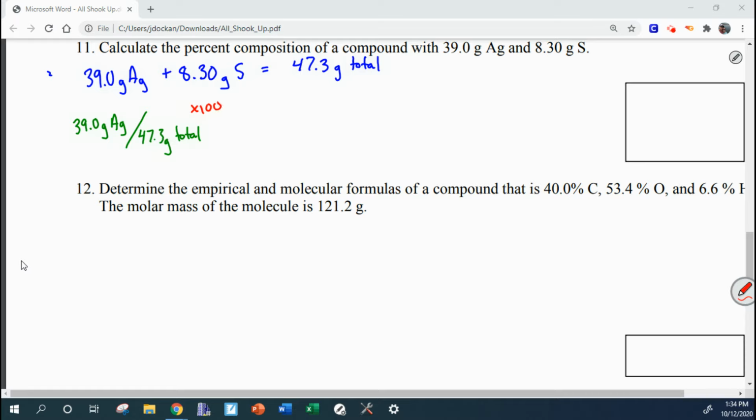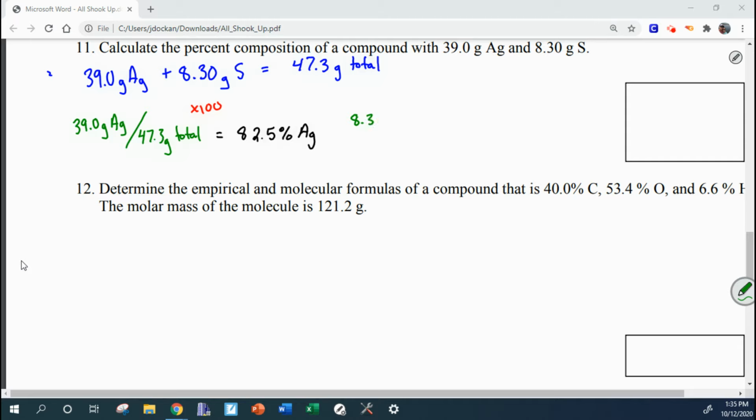My final answer there on that one, I'm going to get a percentage of 82.5% silver. Now you have two options, right? You have two compounds, and the percentages have to add up to 100. So at this point, technically, you could take 100 and subtract 82.5 in order to get sulfur. But I'm going to go ahead and work it out on the other side.